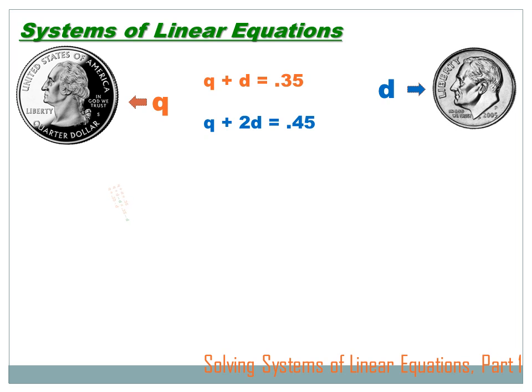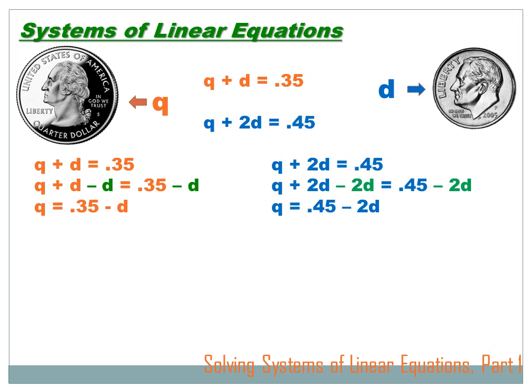How'd you do that? Well, here's how you did it. You took the first equation, which I put in orange, and you solved it for q. You did that by getting rid of the plus d on both sides of the equation, and you're left with q equals 0.35 minus d. And then you took the blue equation, q plus 2d equals 0.45, and you solved that for q. And you concluded that q also equals 0.45 minus 2d.